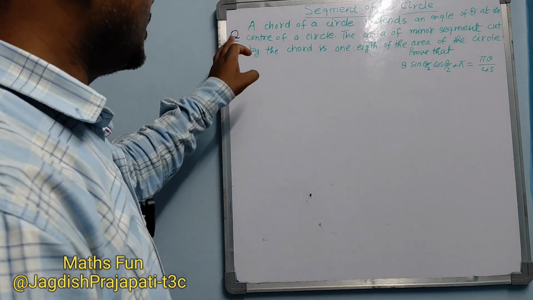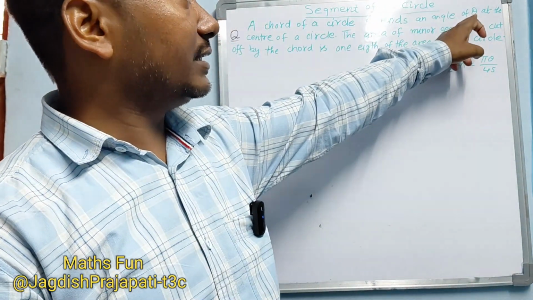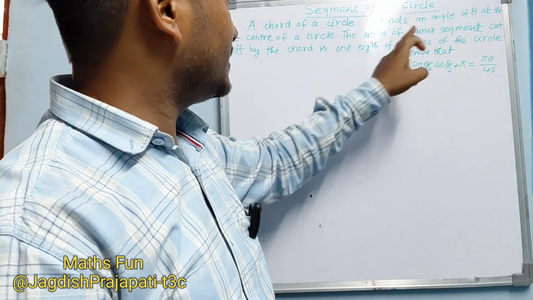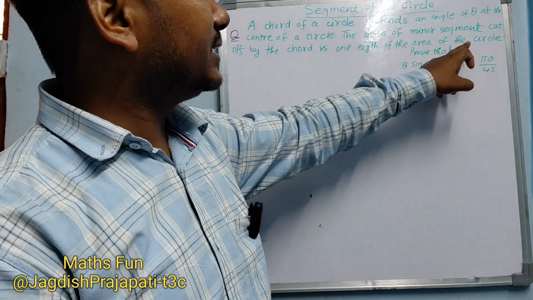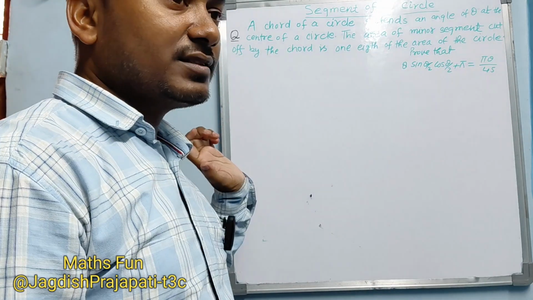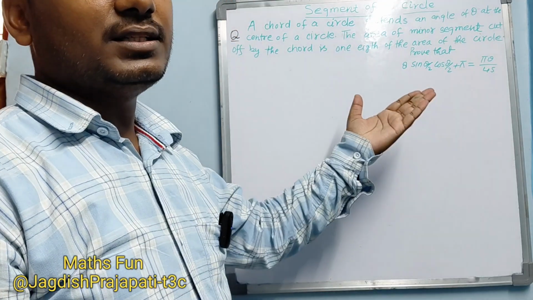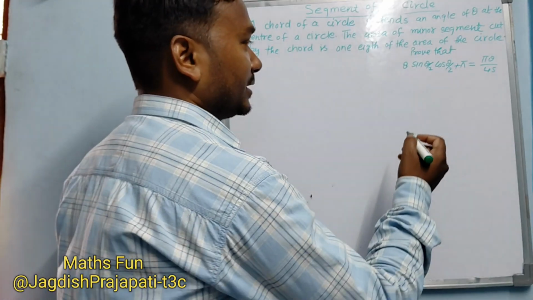Now in this problem, a chord of a circle subtends an angle theta at the center of the circle and the area of the minor segment cut off by the chord is 1/8 of the area of the circle. Okay, so let us understand this problem.